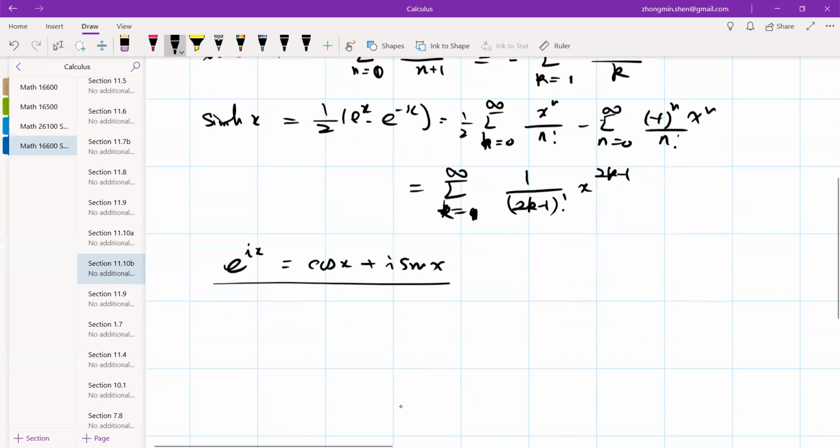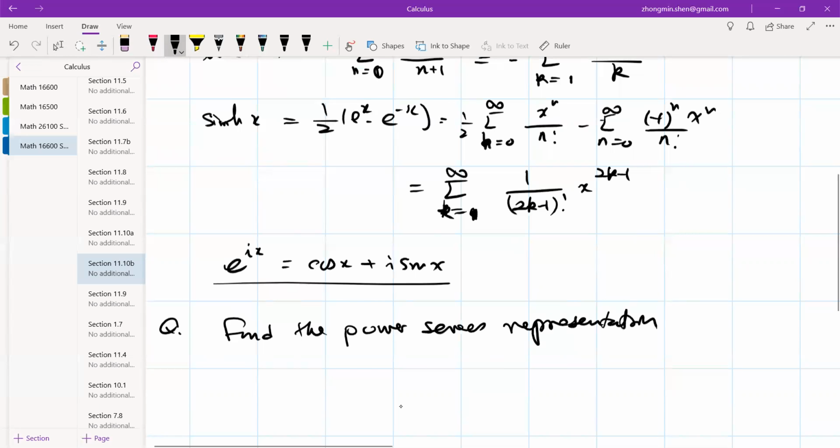Okay, by definition, let's hear the question. Find the power series representation for sine x. So the power series representation is in the form of the sum of Cn times x to the power n.